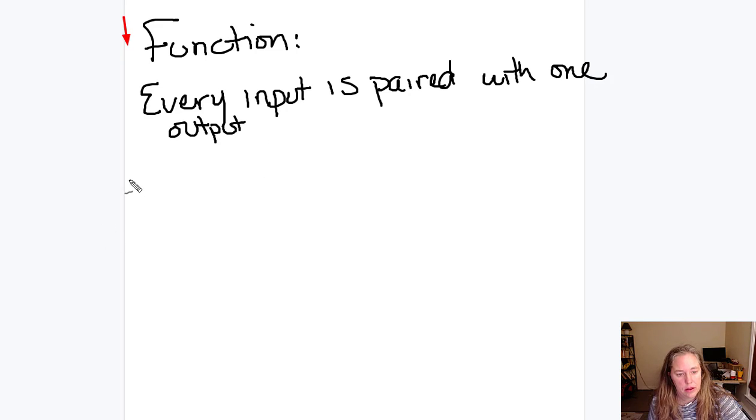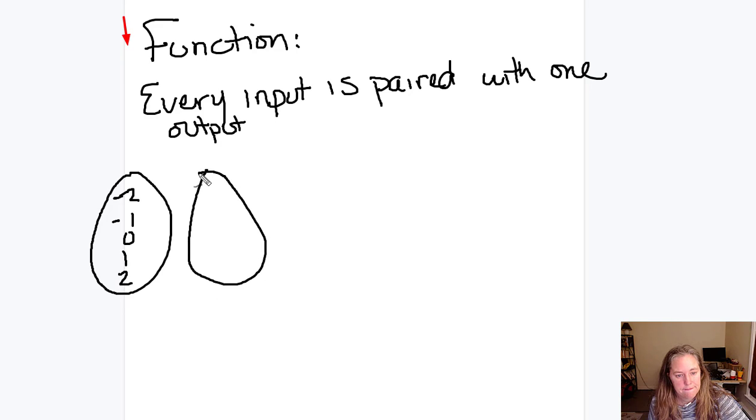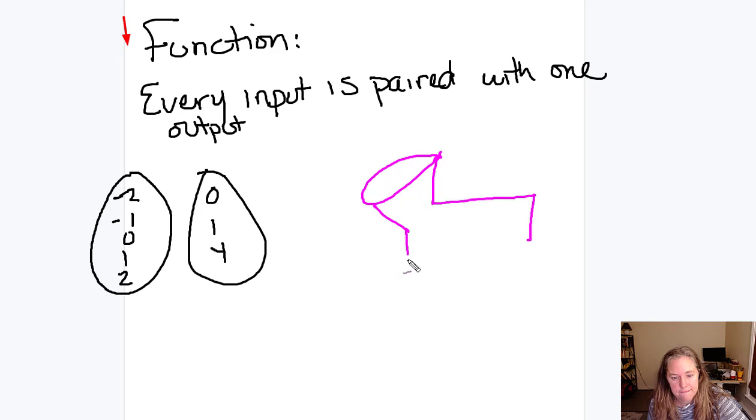So that's going to look like this. In a mapping, -2, -1, 0, 1, 2. The inputs of -2, 0, 1, 4. So this function rule that I showed us earlier is times itself, otherwise known as squaring, but I'll say times itself.